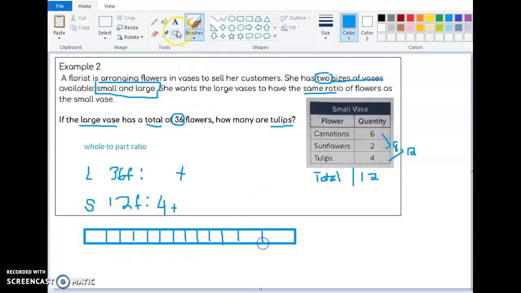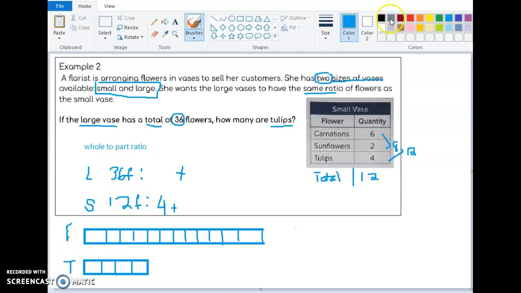Okay, we're going to erase just a little bit because I made it a little too big. Okay, so I got my 12 boxes. Okay, then I need my 4 for my tulips. Okay, so this was my flowers, and this was my tulips, okay?